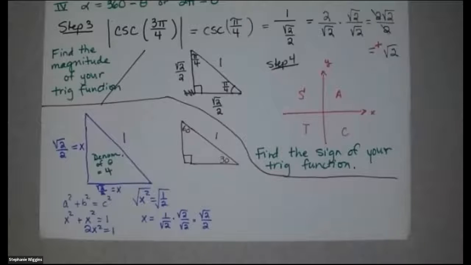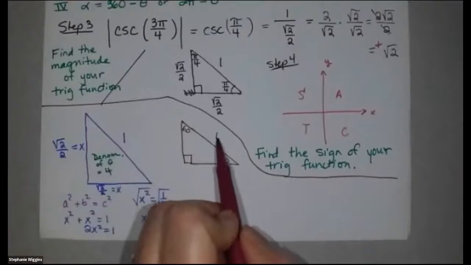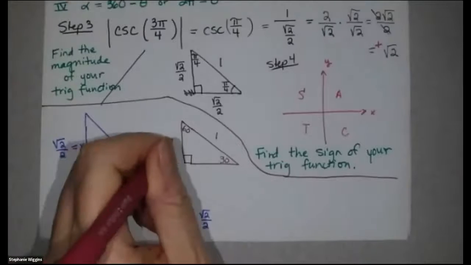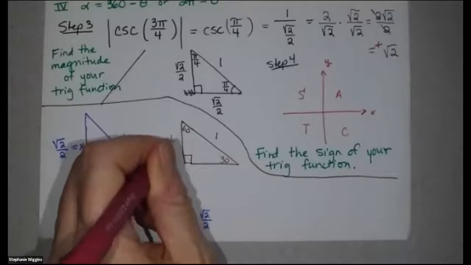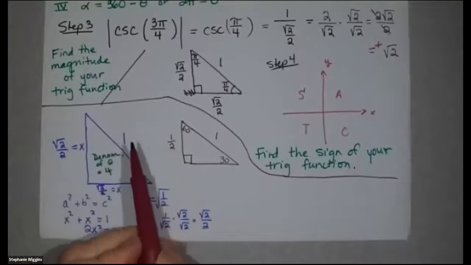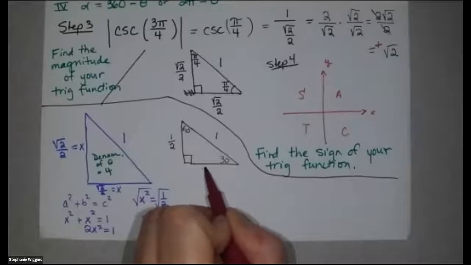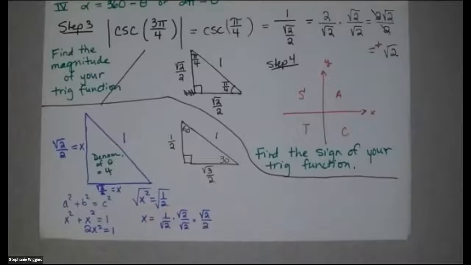Just to save time for right now, I'm not going to show you how I get the sides, but I'm just going to let you know that the opposite of 30 is going to be 1/2, and then the opposite of 60 is going to be square root of 3 over 2.